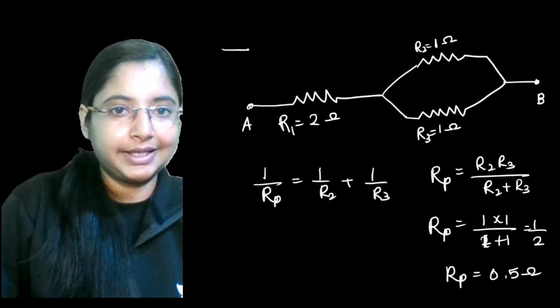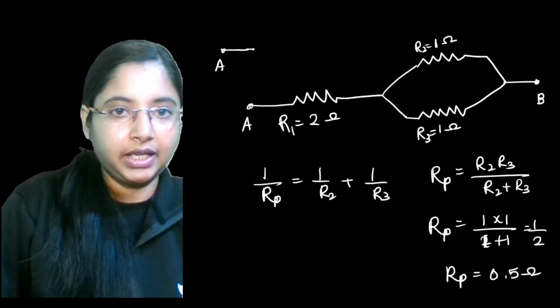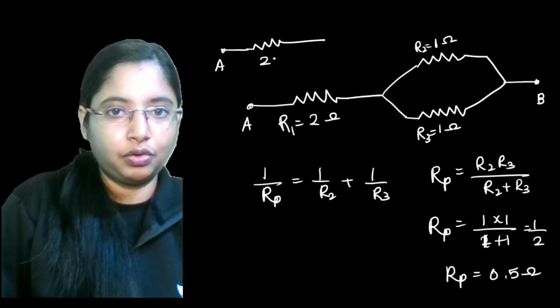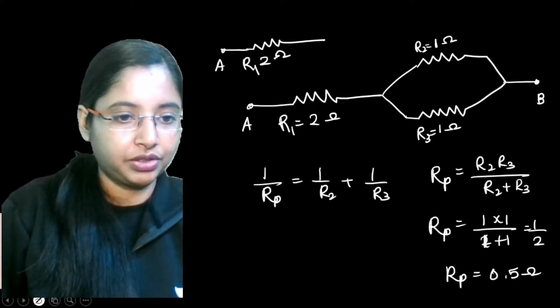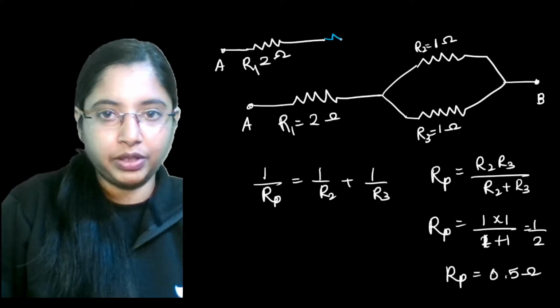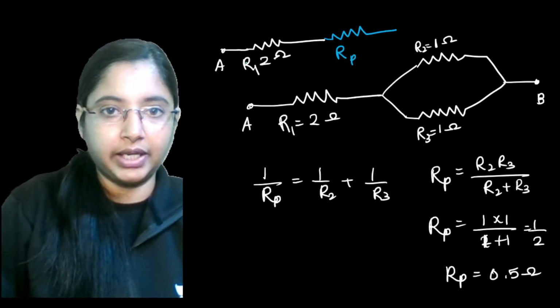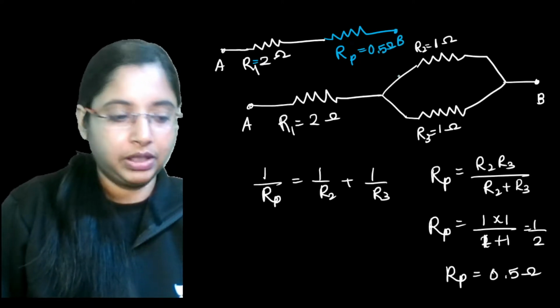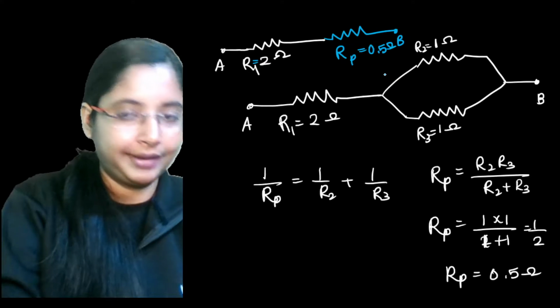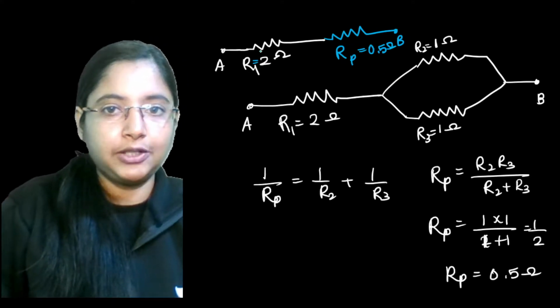So instead of this circuit over here, I can use just a 2 ohms resistor. This is your R1, and instead of this entire parallel combination, you can just replace it with a 0.5 ohms resistor. Now, these two are in series.